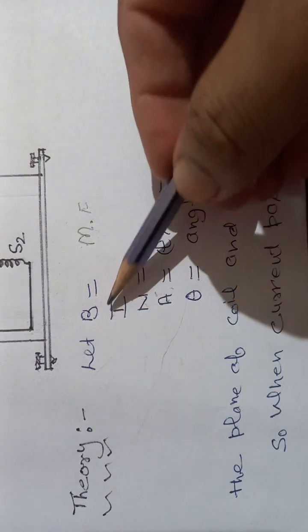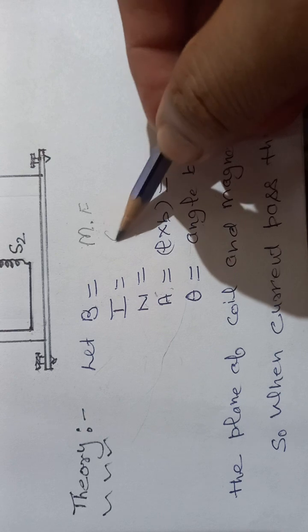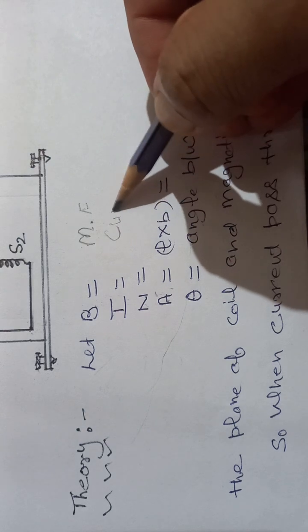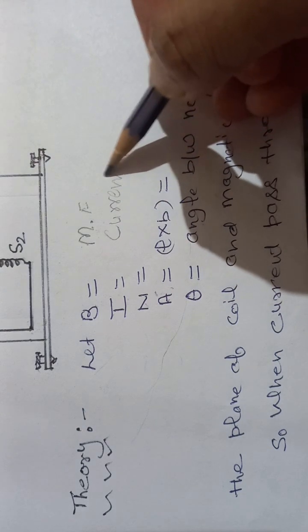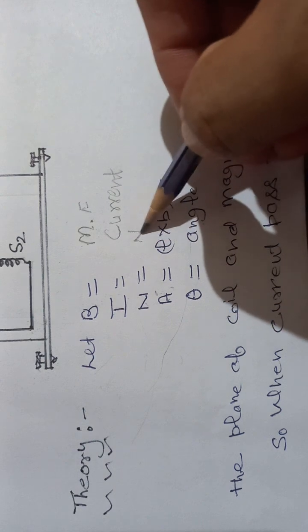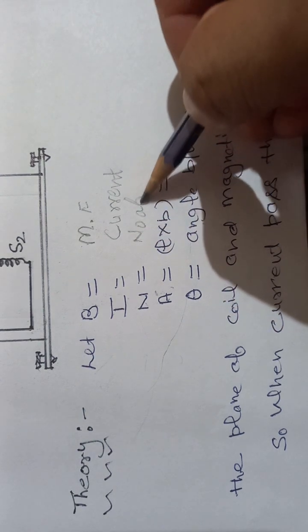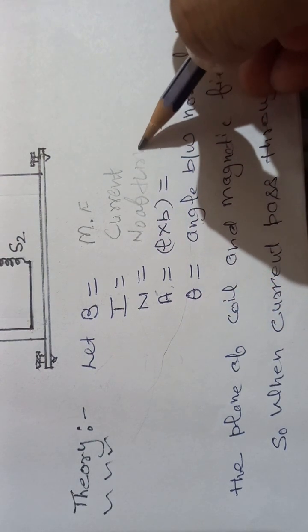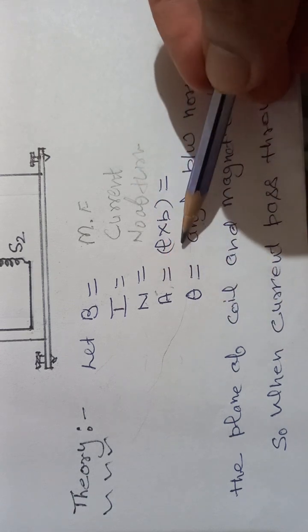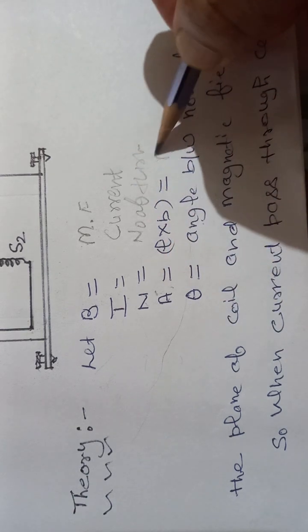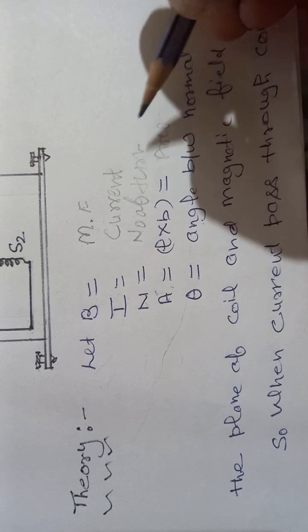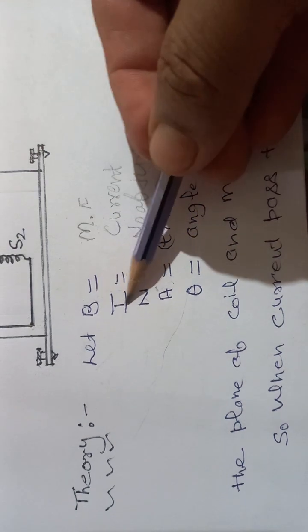In BINA, B stands for magnetic field, I stands for current, and N stands for number of turns in the coil. Then A is equal to length into breadth, that is equal to area. Clear? So this is BINA, B-I-N-A.